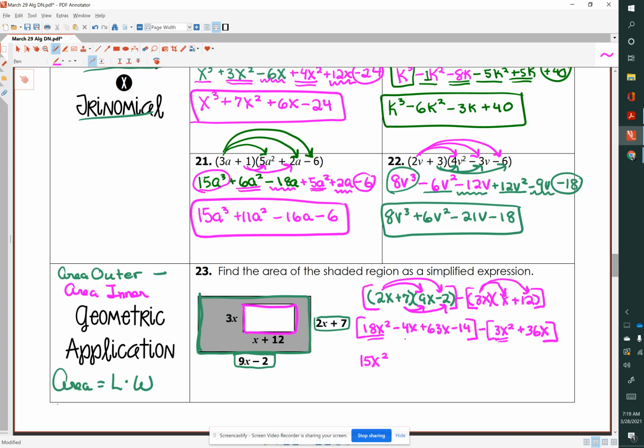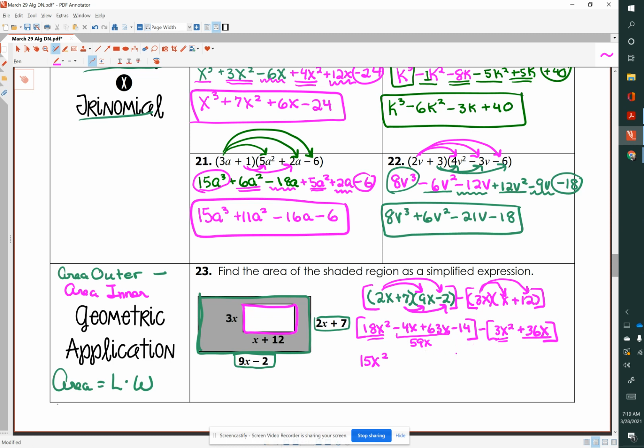So here we have negative 4x plus 63x, okay? So we can combine those. 63 minus 4 would be 59x. And we are subtracting from that 36x.